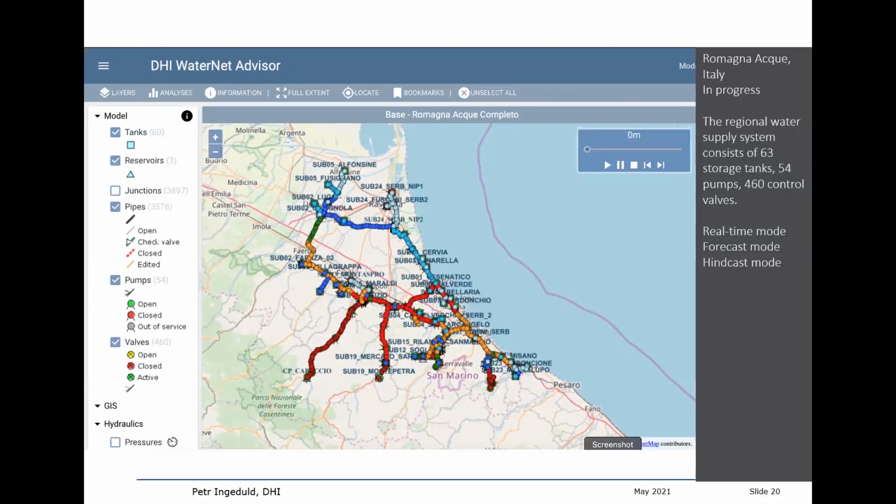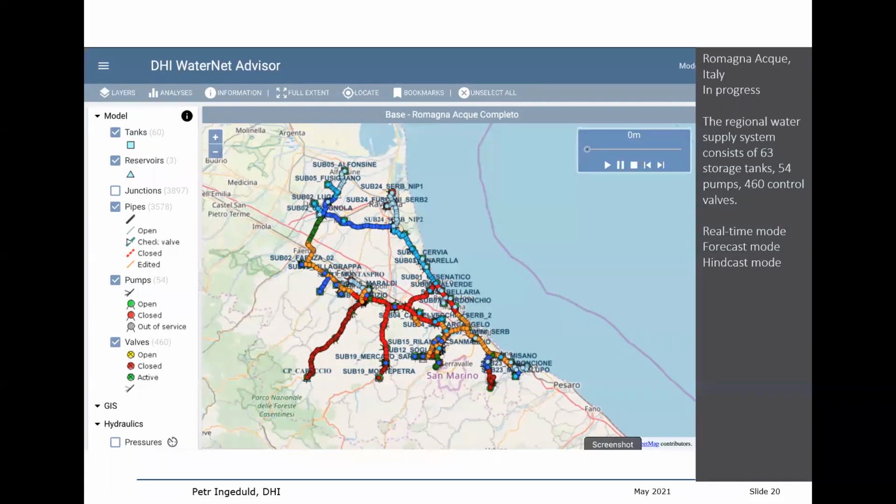This one was developed for Romagna Aqua system in Italy. It's a large regional water supply network. There are several hundreds of points where the data are exchanged between SCADA and the model. There are about 460 control valves, and each of them is receiving input from telemetry and is being changed in the hydraulic model.